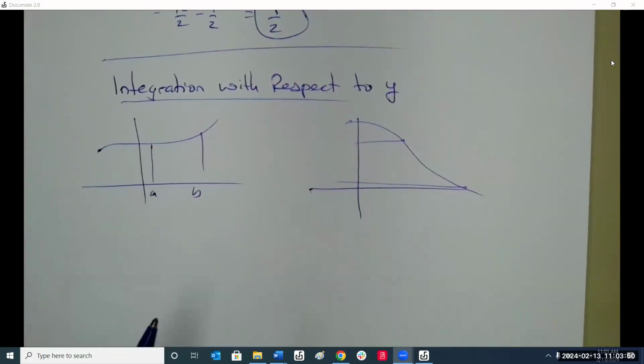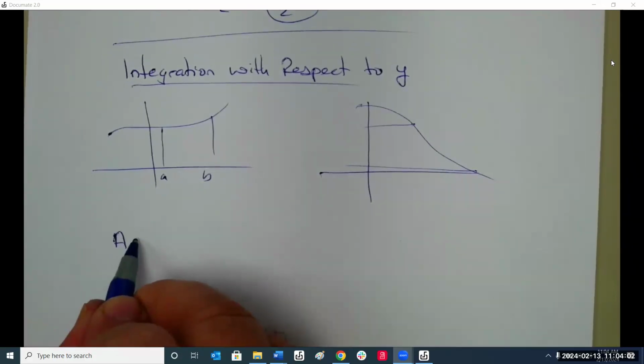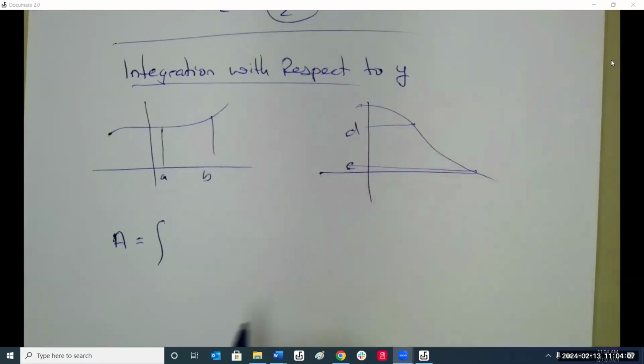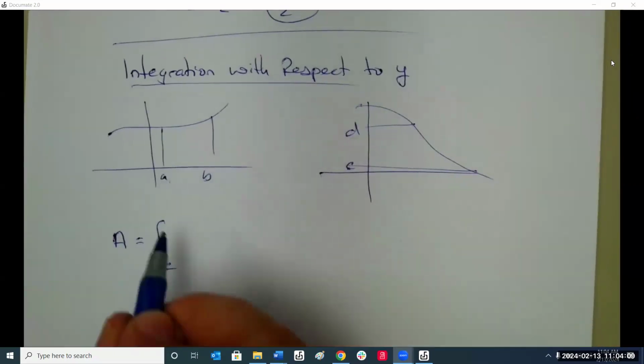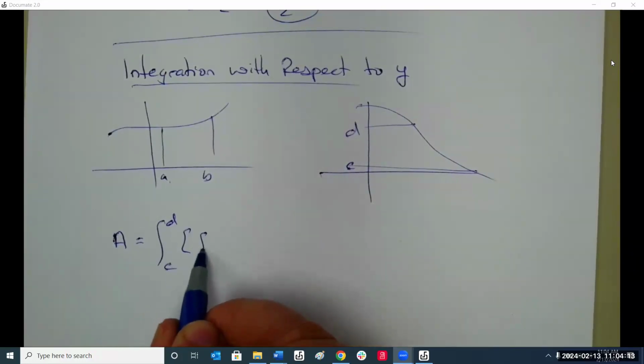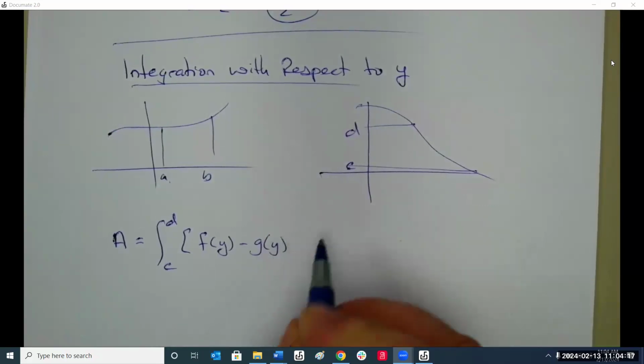Because when we do these integrations, we have to change everything from a function of y equals x to a function of x of y. So for example, our areas will now look like this. Instead of A and B, we're going to go to C and D. We have to change our functions with respect to y now.